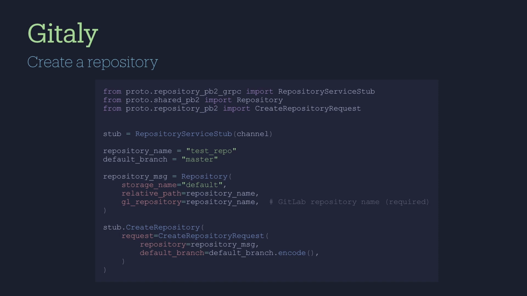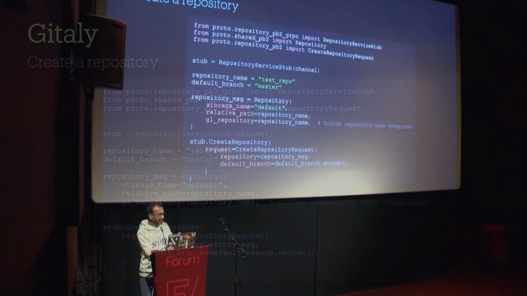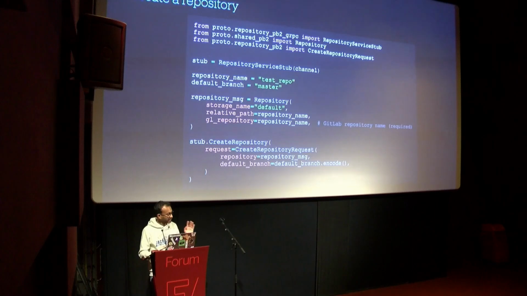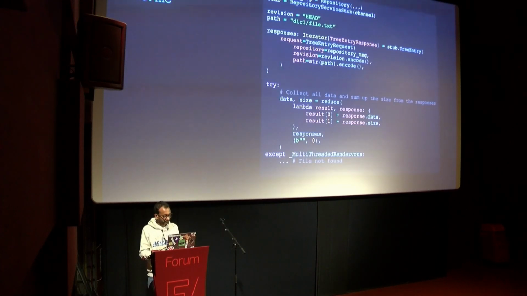Here comes the first problem with Gitaly, because Gitaly is only internally used by GitLab. It's not well documented. So it took me an embarrassingly long time to figure out that the gl_repository argument is actually required. Gitaly was not giving any errors if you didn't provide it, it just wouldn't work. But anyway, let's move on.